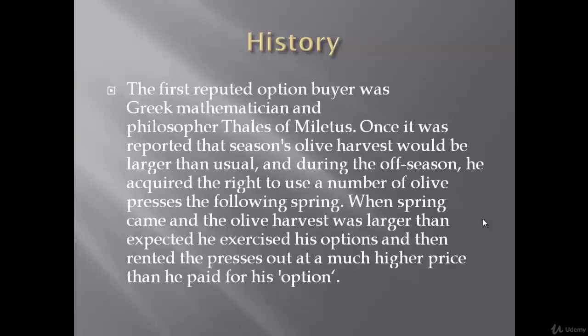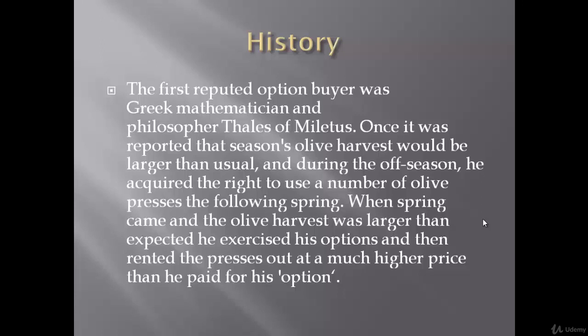Now what is options history? The first reputed option buyer was Greek mathematician and philosopher Thales of Miletus. Once it was reported that the season's olive harvest would be larger than usual, and during the off season, he acquired the right to use the number of olive presses the following spring.